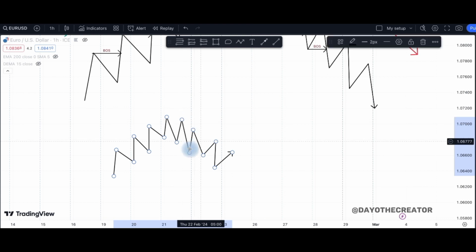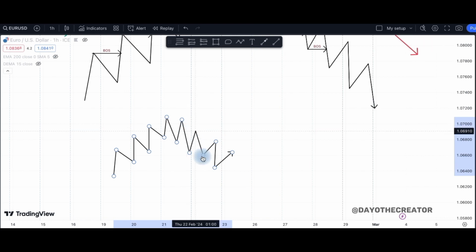So the change of character is defined as the change of trend. Some people call it market structure shift. There's a lot of names the traders call it, but let's just stick to change of character.